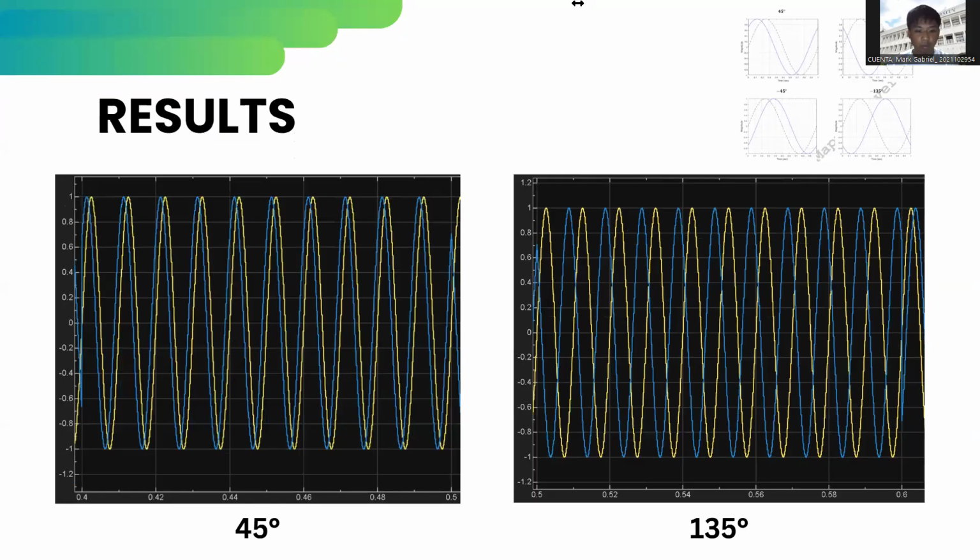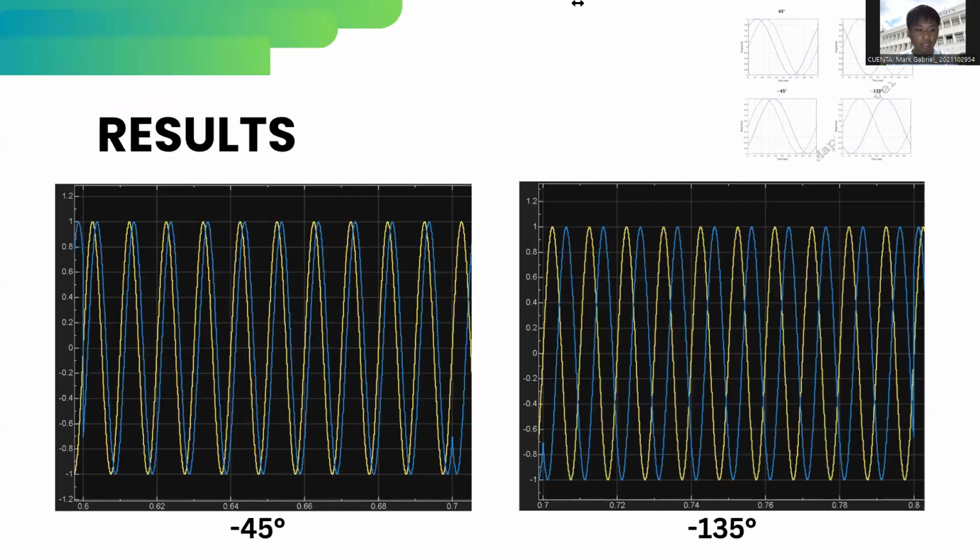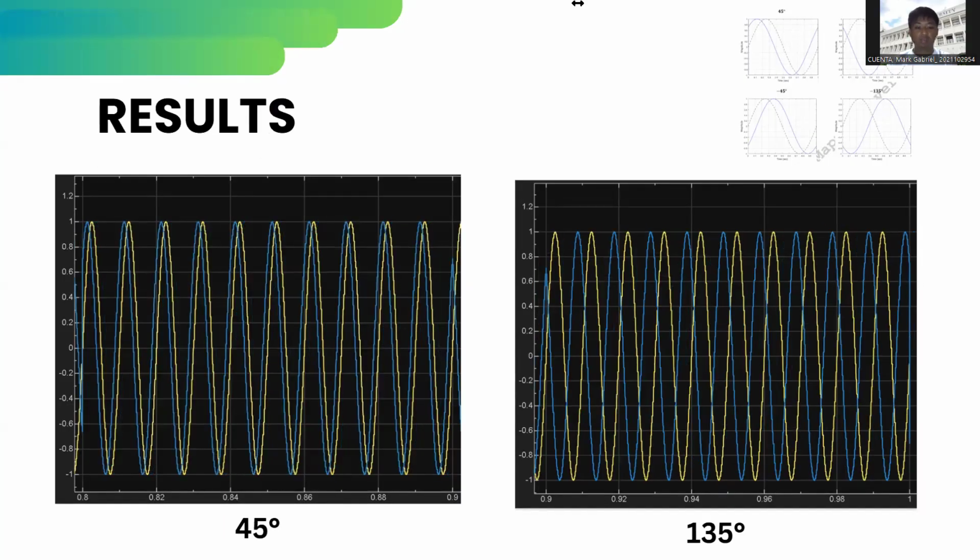And 0.4 to 0.5, a 45-degree angle. And 0.5 to 0.6, 135 degrees. 0.6 to 0.7, negative 45 degrees. 0.7 to 0.8, 135 degrees. 0.8 to 0.9, another 45 degrees. And 0.9 to 1, which is 135 degrees.